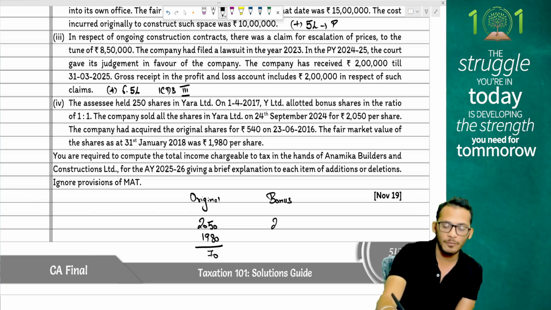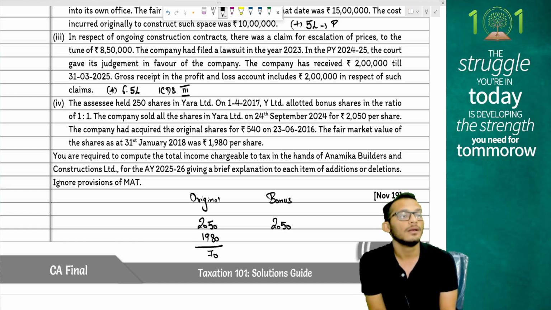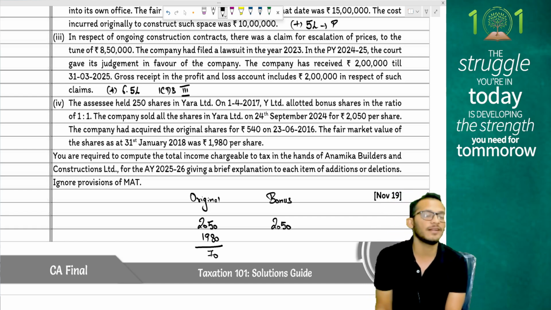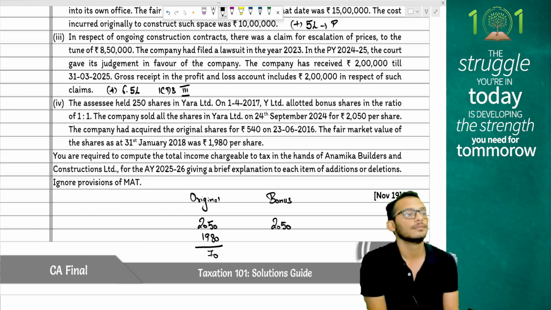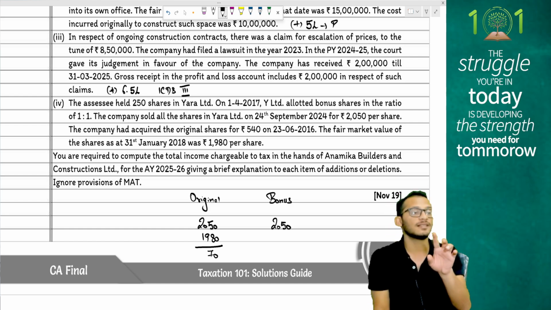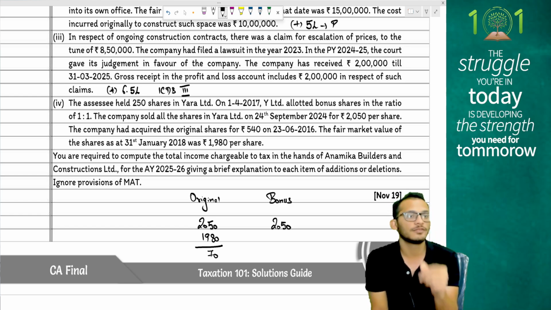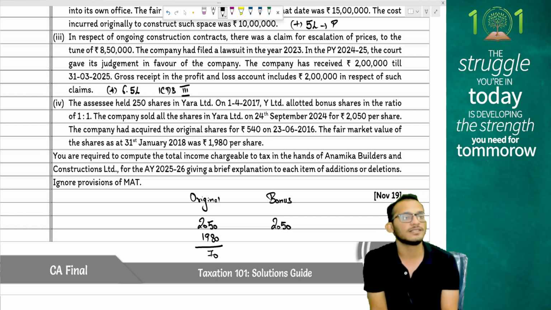On the right side, people, I have a bonus. Now, bonus was given to me in 2017. So in 2017, when I got the bonus, cost was 0. Bonus cost is always 0. But luckily, this asset is also purchased before 2018, and therefore the same rule will apply. It is FMV or FVOC, whichever is lower.